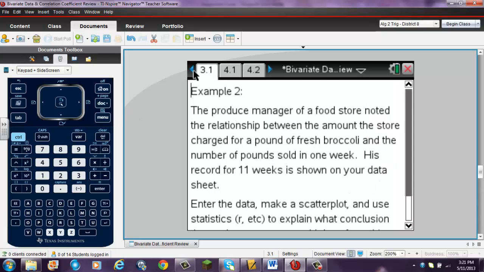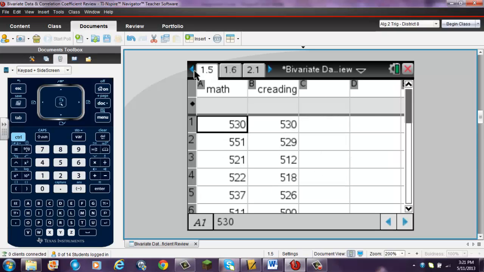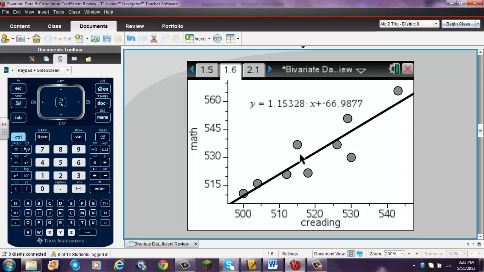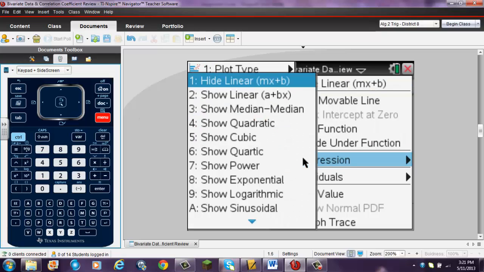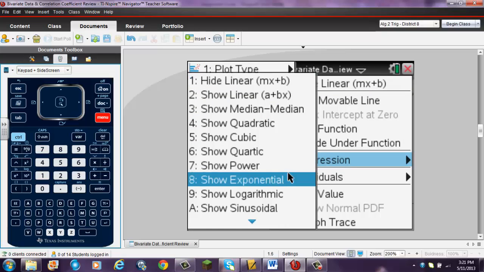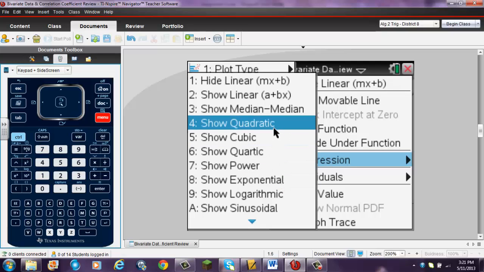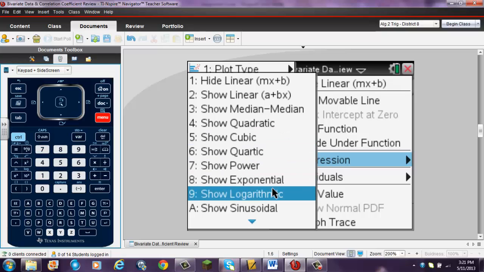So, back to your linear relationship on page 1.6. You could have gone to Menu, Analyze, Regression, and remember there are all the choices. When you're asked to find an exponential regression, you choose exponential. Power, choose power. Quadratic, choose quadratic. We can do logarithmic.